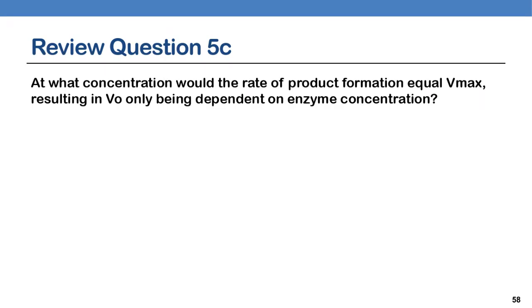After 2 km. Okay, yeah, you guys are putting it in terms of km. So yeah, you could definitely do this too. I actually put in the km for this, so I don't know what it is in terms of km. But yes, you're right. Substrate concentration is going to have to be much higher than our km.